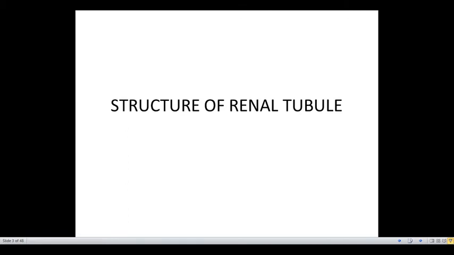Renal tubule is the second major part of nephron, first being the renal corpuscle, the details of which we studied in the last lecture.